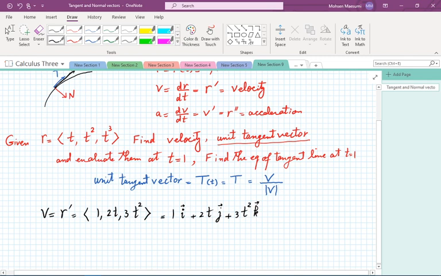So that's our velocity. This velocity changes as we go around. How about at time 1? At time 1, your t is 1, so you're left with 1, 2, and 3. That is your velocity vector at time 1.